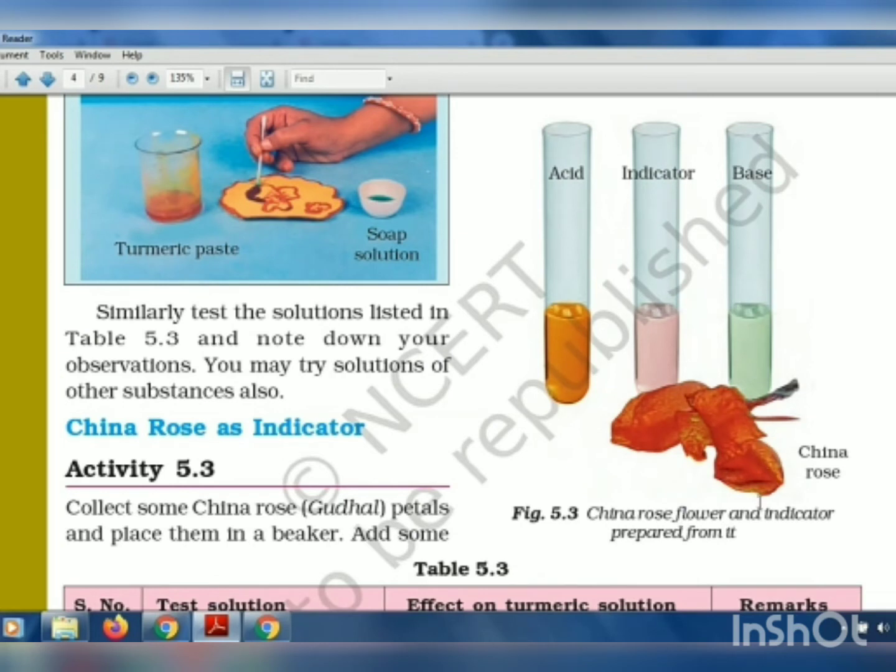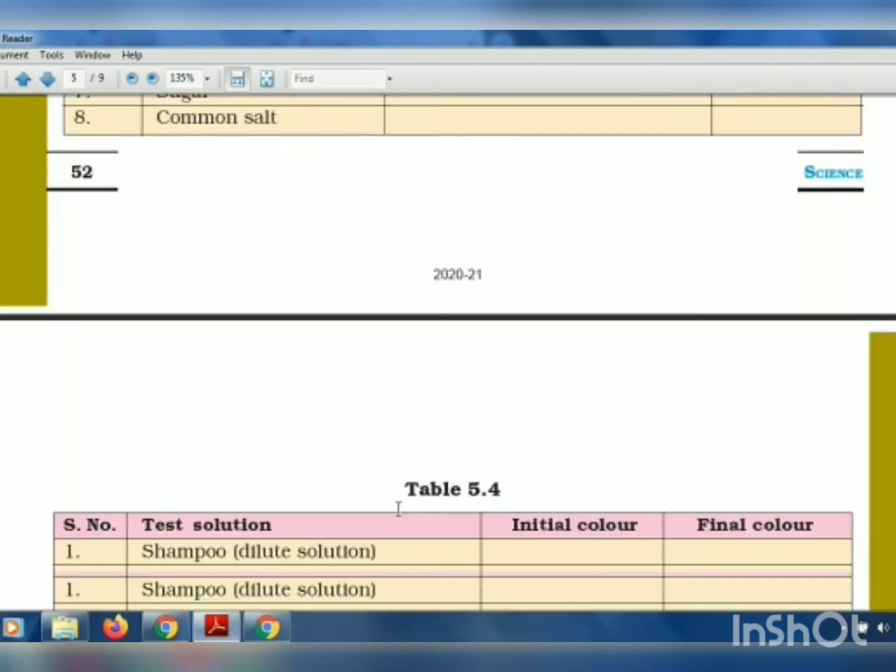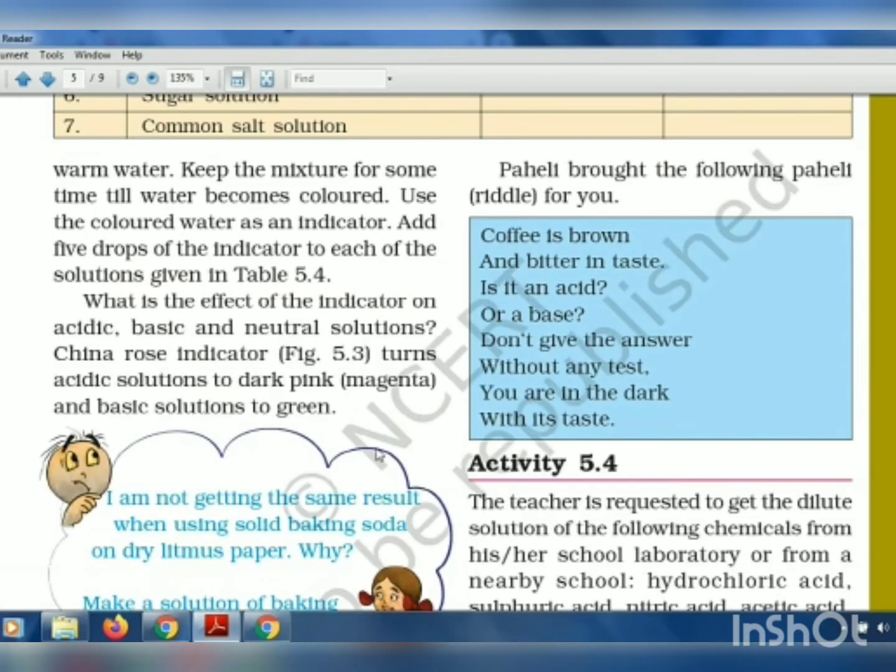This is a China rose flower and the indicator prepared from it. This is the indicator that is prepared. In the acidic solution, it is a magenta type of color. Here it looks like orange, but it is magenta, and the base is green in color. As we studied, below it is written that the China rose indicator turns acidic solution to dark pink and basic solution to green.